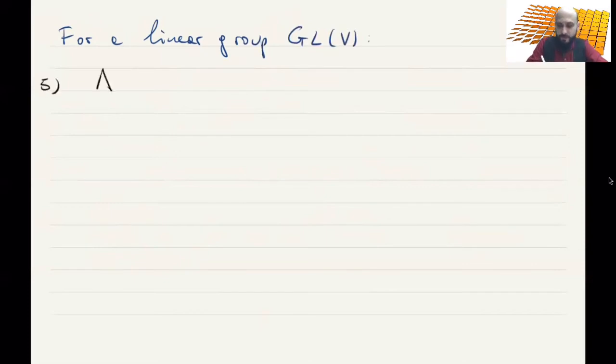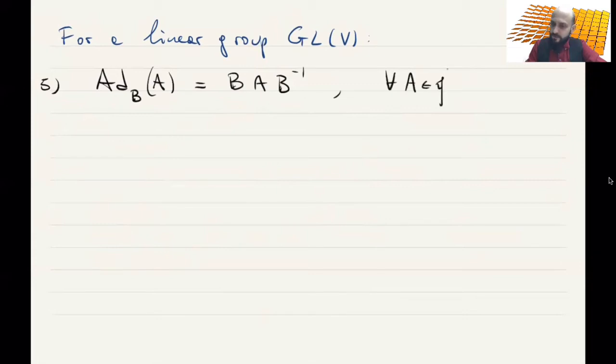I'll point out two or three other formulas for the case of a linear group GL(V) for some vector space V. So if you take the adjoint of a matrix with respect to another matrix, you can prove that this is just the conjugation. Now let's pay attention. So this is A, where A is any matrix, and instead B is an invertible matrix.